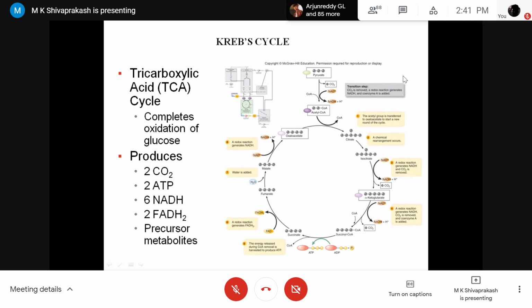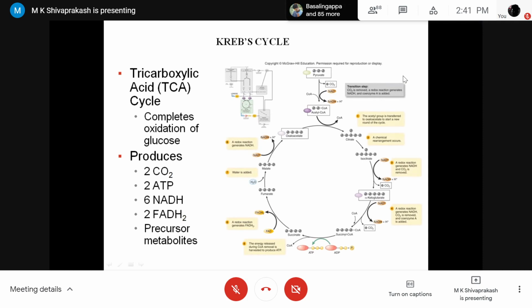So the TCA cycle completes the oxidation of glucose. At the end of it, the results when glucose undergoes the TCA cycle are 2 molecules of carbon dioxide, 2 ATPs, 6 NADH, and 2 FADH2.